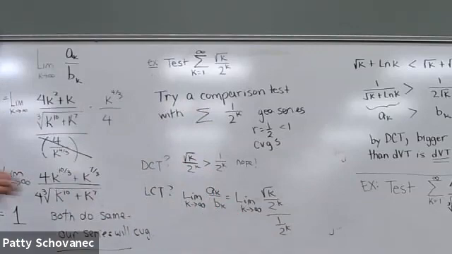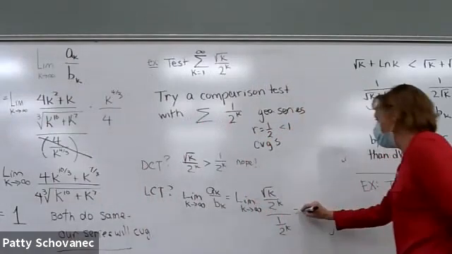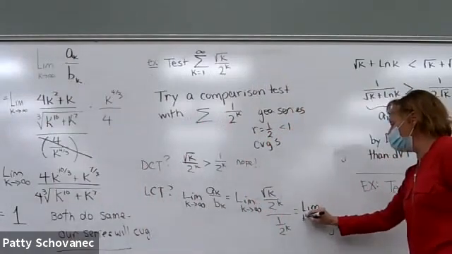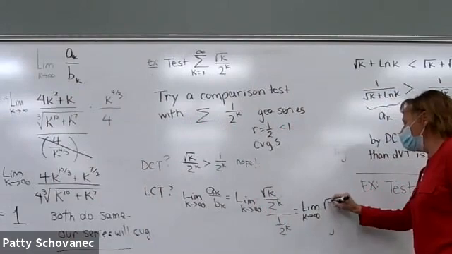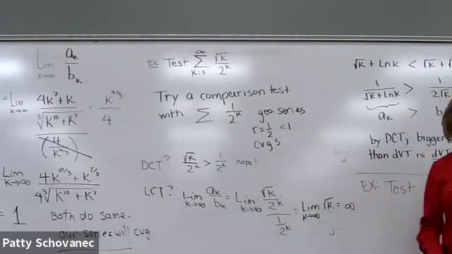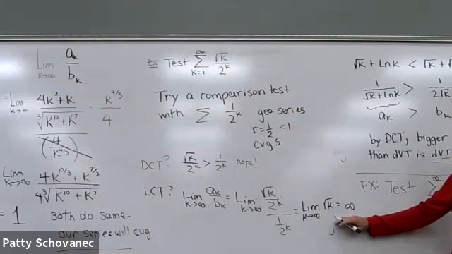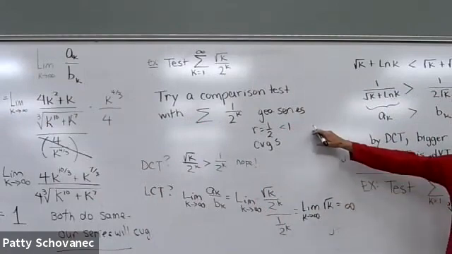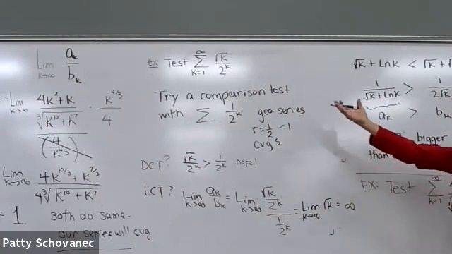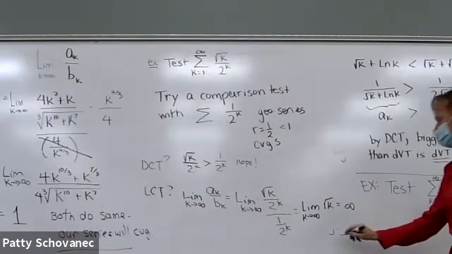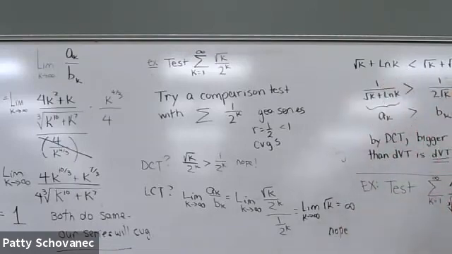As k goes to infinity, because the 2 to the k's will cancel. Well, that's infinite. Well, that's the wrong case too. In the infinity case of the limit comparison test, we need our comparison series to diverge. So that doesn't fit the limit comparison test.